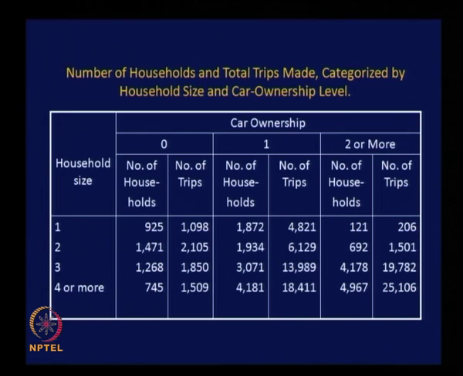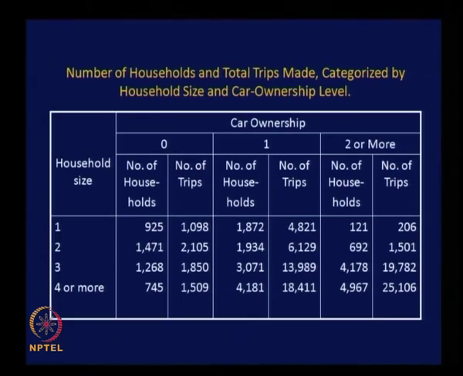And similarly for 1 person and 2 or more person households we have collected the information. Now 1 person, 1 car owning household and 2 or more car owning households. Number of households of that category is shown here, and then number of trips made by these households. The last 2 columns pertain to households owning 2 or more cars, isn't it? This is a total number representing the whole of the traffic zone.